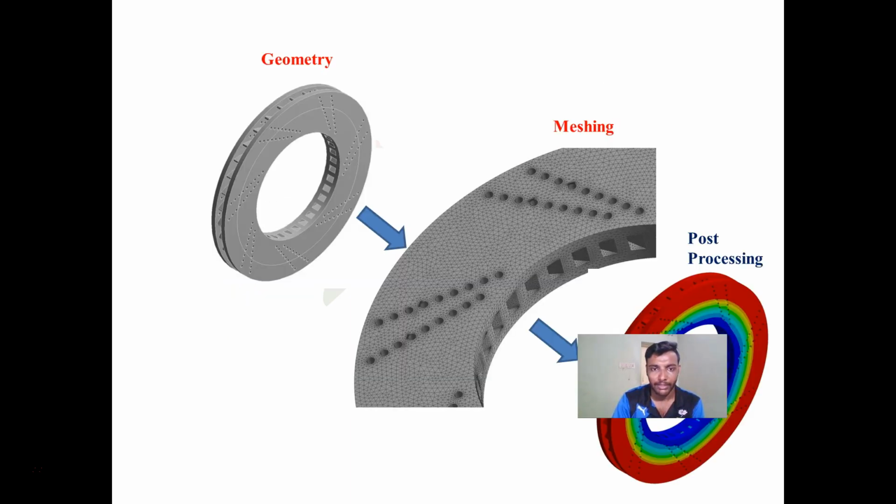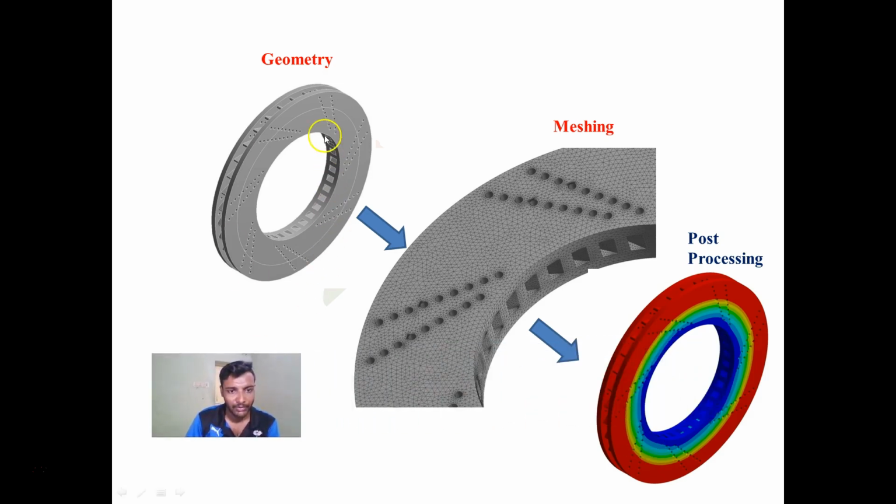Okay, here is a typical example of the three stages. So this is actually a thermal analysis that was being carried out on a rotor, disc rotor, brake disc. And you can see that the geometry has been created. This geometry was originally created in SolidWorks and it was imported onto Ansys. Now you can see that I have performed a meshing operation over this geometry.